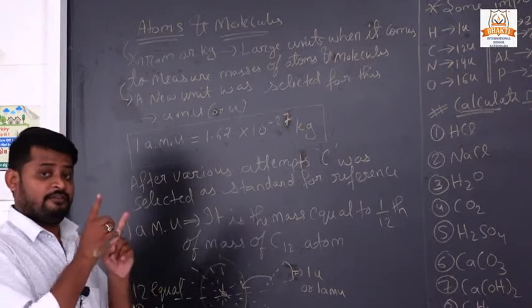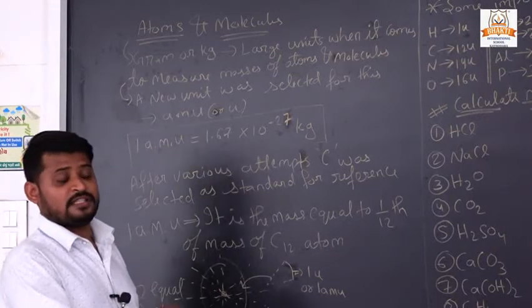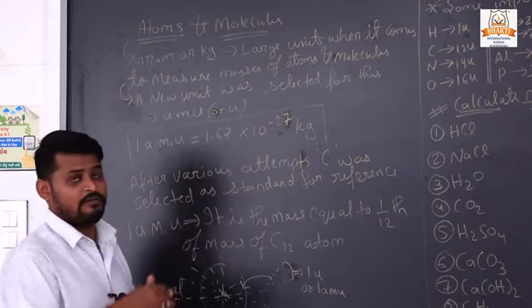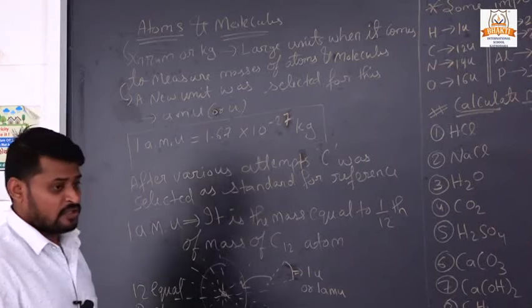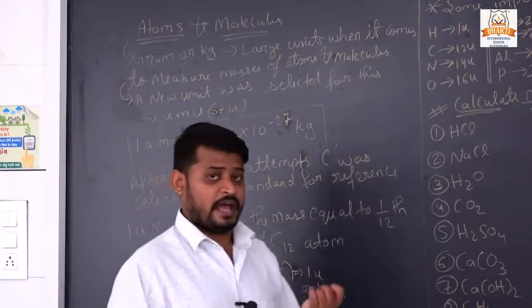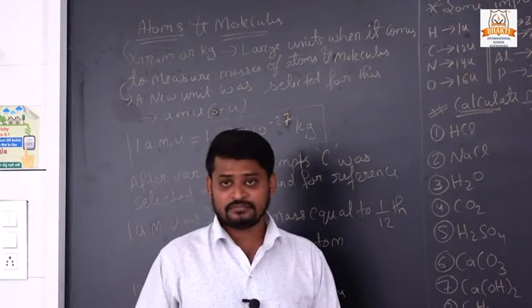We have to find one element in the whole periodic table which is applicable to find the values of all the other elements. The first element was hydrogen, and we all know hydrogen has only one atom.